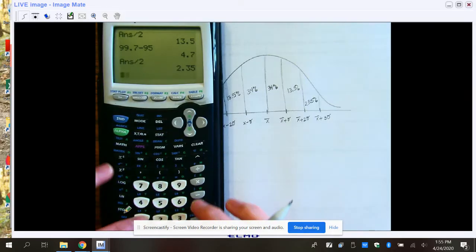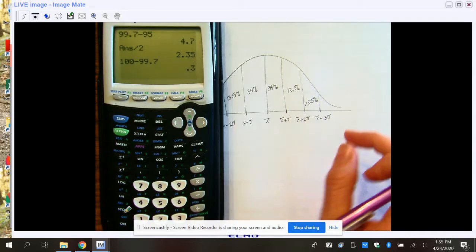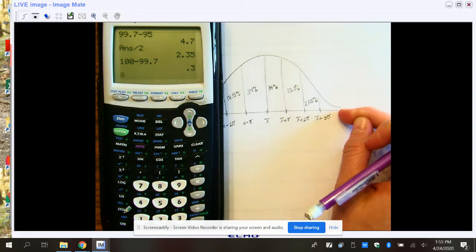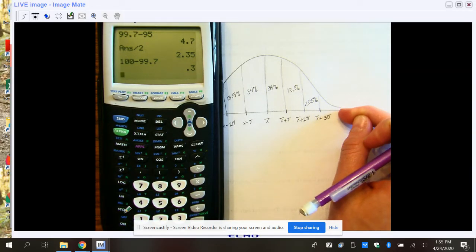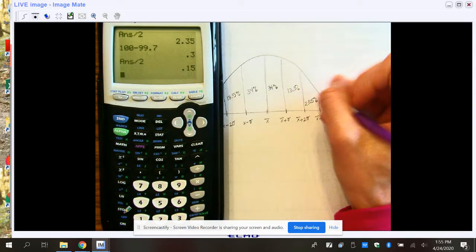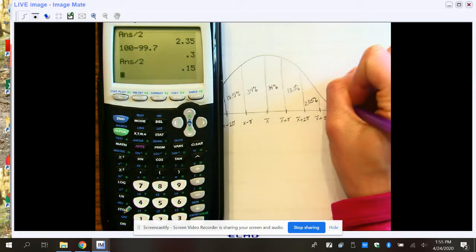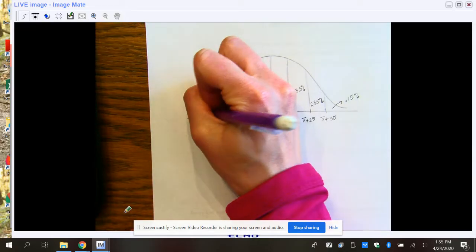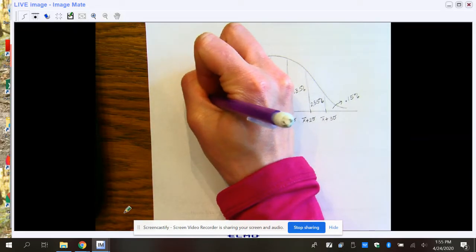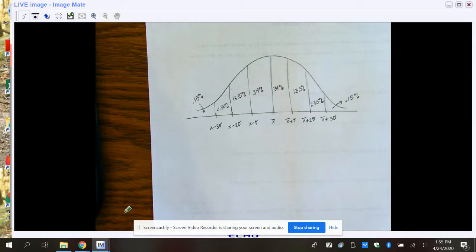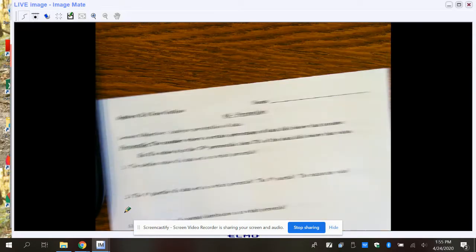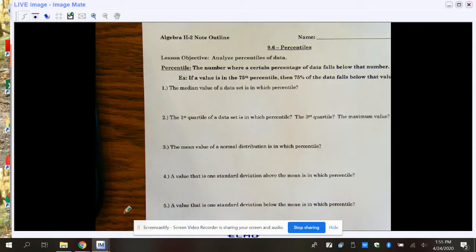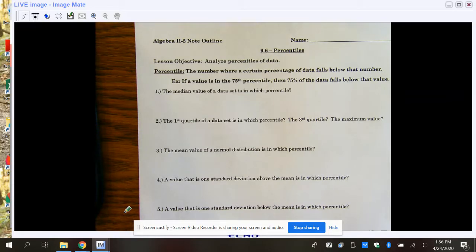And then we've got 100 minus 99.7, so we've got 0.3%. That's either above or below 3 standard deviations from the mean. So if we cut that in half, everything left over is a super, super small percentage of your overall data. Okay. All right, so we are just now going to answer questions about those percentiles.